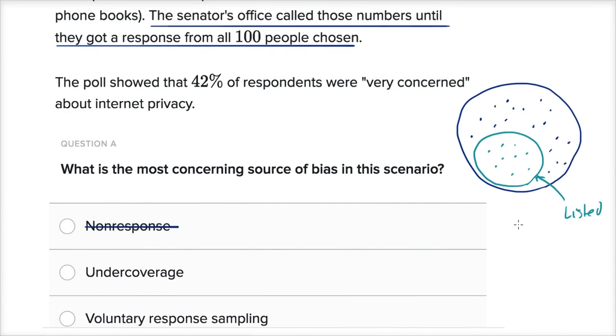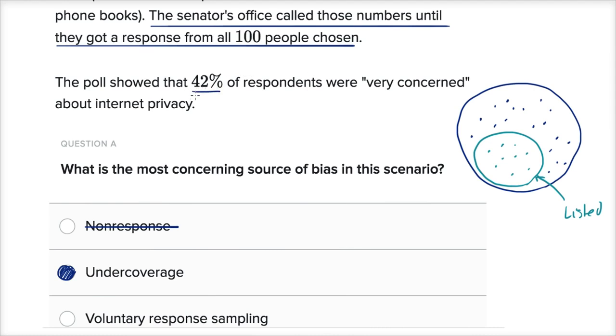And you might say, well, why is that important? Well, think about it. People who decide not to list in the phone book, or people who don't even have a landline, some of those people might be a little bit more concerned about privacy than everyone else. They explicitly chose not to be listed. So undercoverage is definitely a very concerning source of bias over here. We are sampling from only a subset of our entire population we care about. In particular, we're missing out on people who might care about privacy.